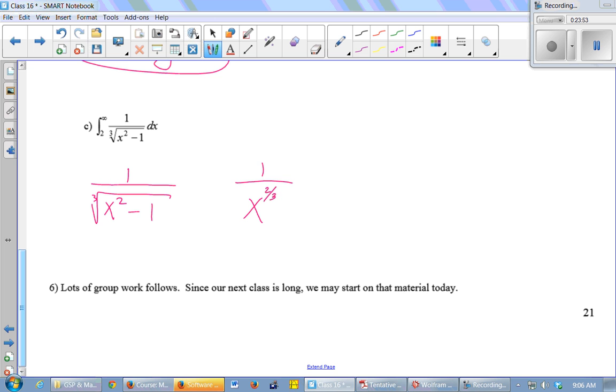Take a couple minutes and see if you can try to put an inequality, a less than or a greater than or an equal sign. Relate those two functions to each other. Let's think about the relationship here. On the right, I'm taking my x, which is a number between 2 and infinity, so it's a positive number, and I'm going to square it and then cube root it. That's in my denominator.